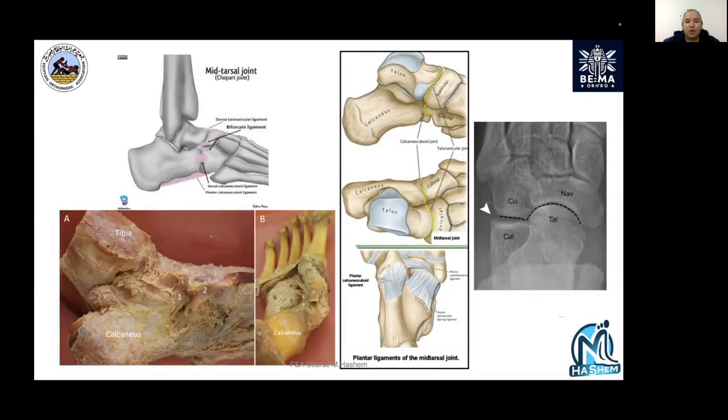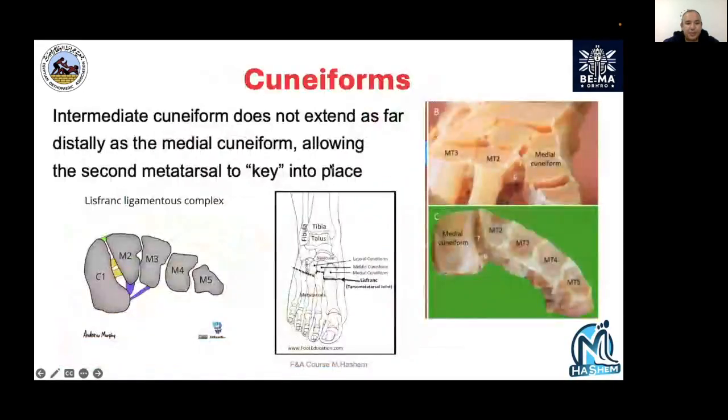So for all the deformities you will see, the CORA will be in the talonavicular. The whole fore and midfoot moves as one unit on this CORA. As we said, there are dorsal and plantar ligaments, and a bifurcate ligament from the anterior process of the calcaneum to the navicular and the cuboid.